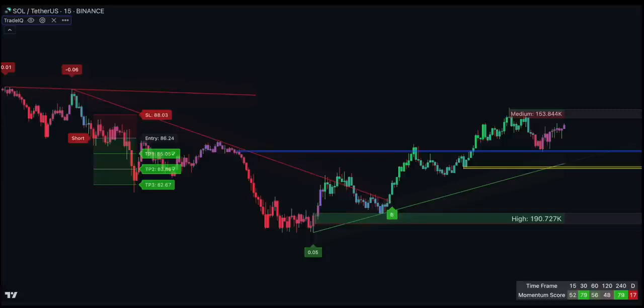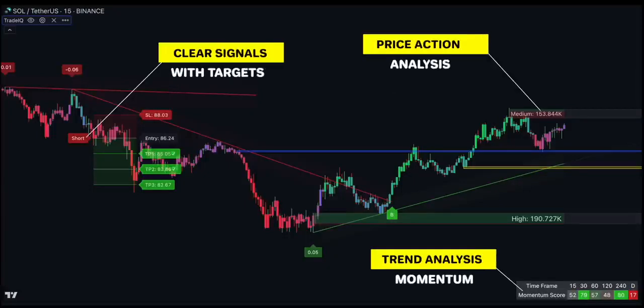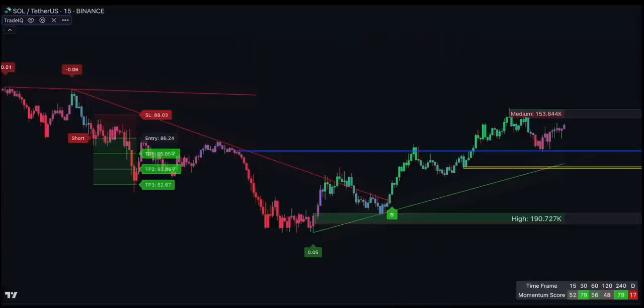What sets this tool apart is its holistic approach to market analysis, providing traders with an all-encompassing solution. Unlike other indicators that focus on specific aspects of trading, TradeIQ offers a multifaceted approach. It combines price action analysis, trend identification, and volumetric analysis, offering a more comprehensive view of the market than any single indicator like ORB algo or order blocks.